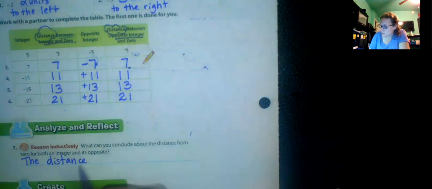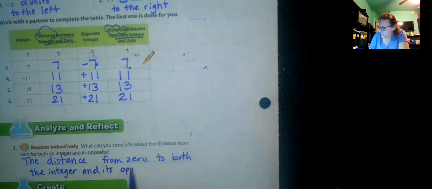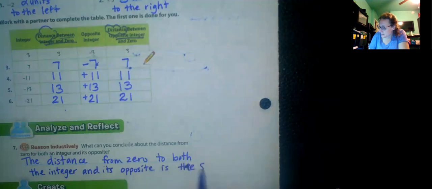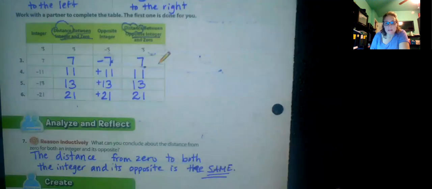If you look, the distances are the same. So the distance from 0 to both the integer and its opposite is the same. That's important to remember, okay, that the distance from 0 to both the integer and its opposite is the same.